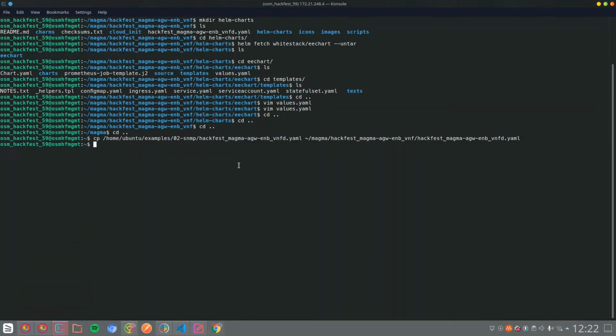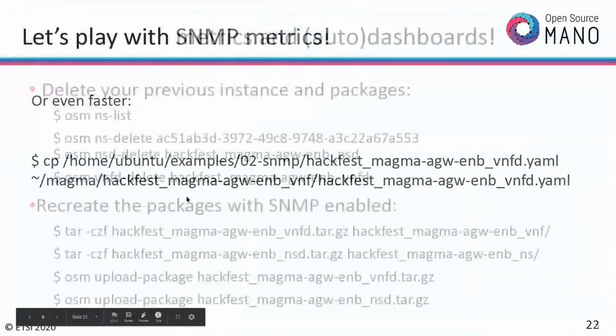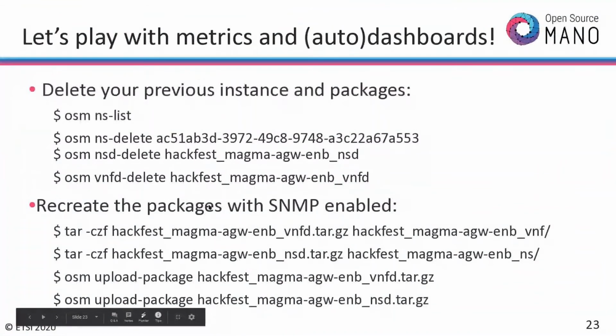The only difference between this YAML and the previous one is that this YAML has the piece of code that enables snmp for this VNF. Okay, if everything is okay right now, don't be scared about this screen with lots of commands, because I'm going to paste them to Slack, so fear not.